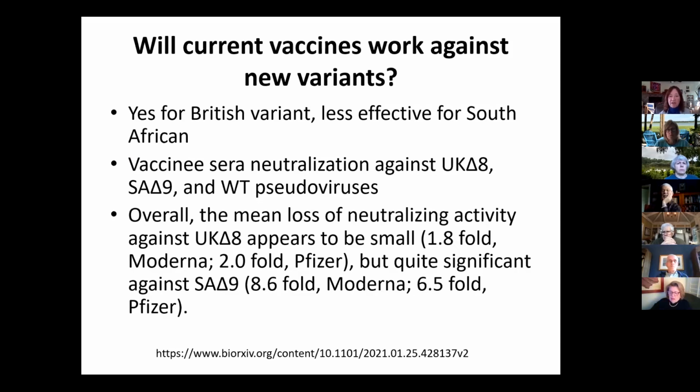The UK Delta 8 means it's got the same 8 mutations on the spike protein as the British one. The South African Delta 9 has the same 9 mutations, and wild type means the regular virus that's been circulating. And the loss of neutralizing antibody is really small for the British vaccine.